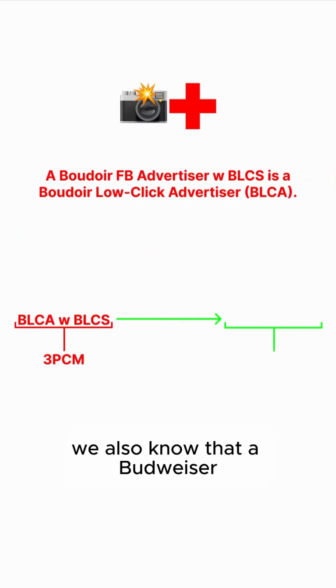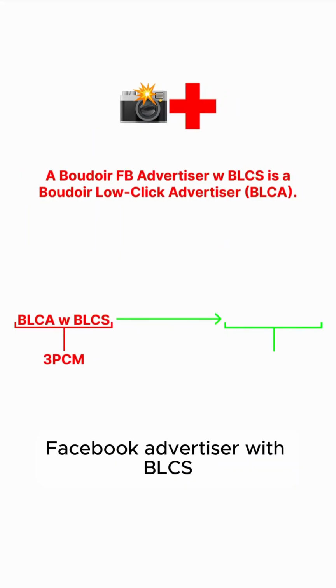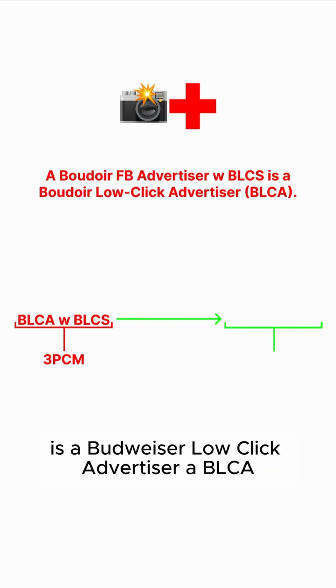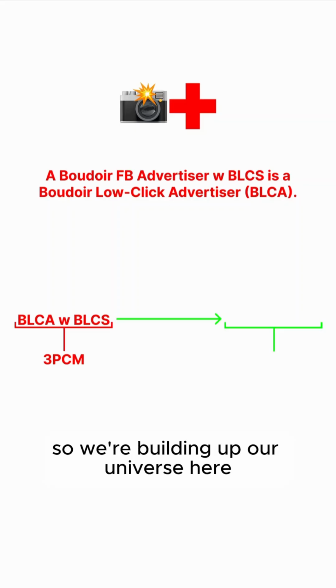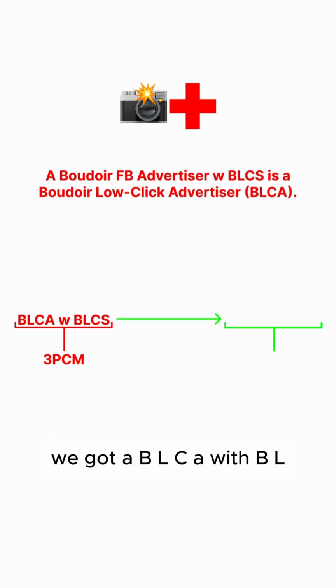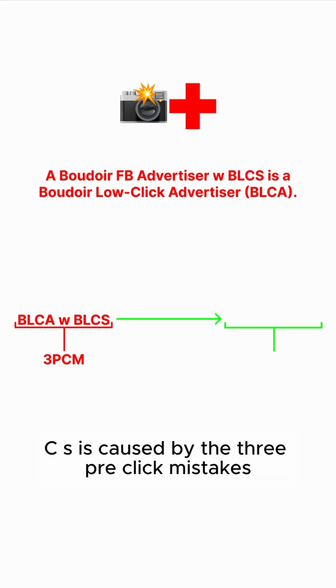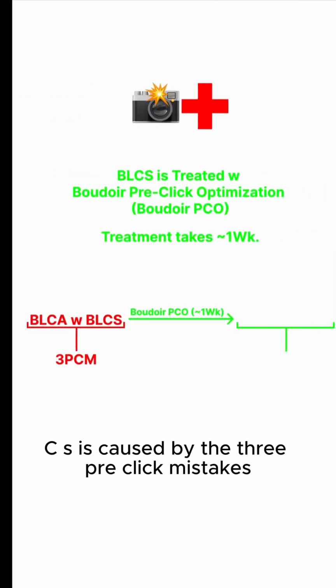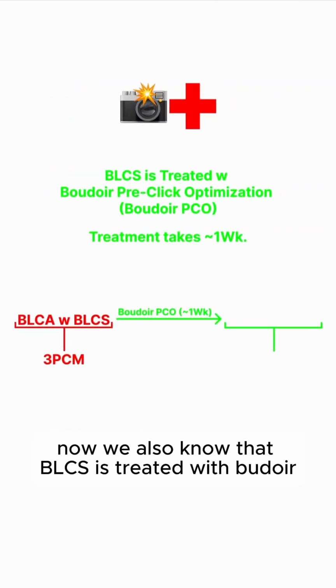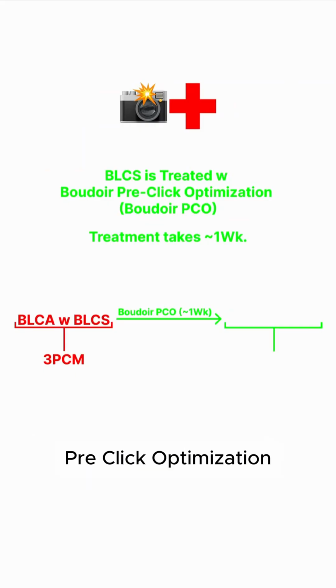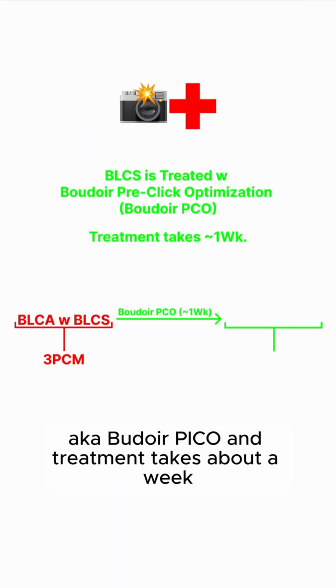We also know that a boudoir Facebook advertiser with BLCS is a boudoir low-click advertiser, a BLCA. So we're building up our universe here. We got a BLCA with BLCS caused by the 3 pre-click mistakes. Now, we also know that BLCS is treated with boudoir pre-click optimization, aka boudoir PICO, and treatment takes about a week.